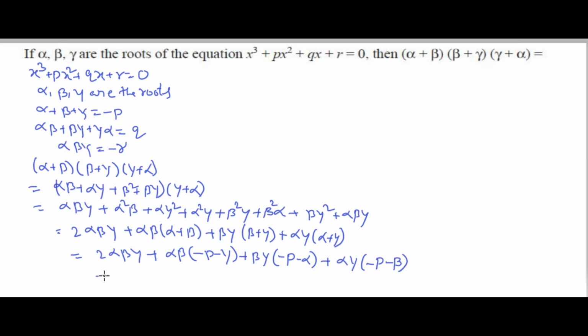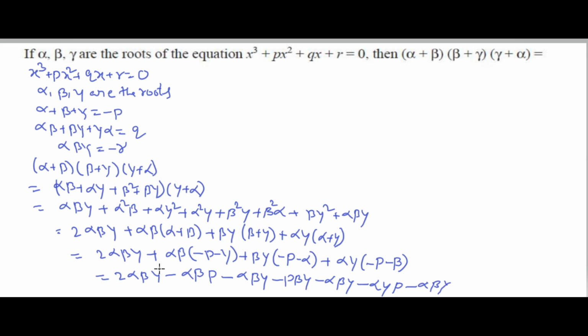That is equal to 2 alpha beta gamma plus minus alpha beta p minus alpha beta gamma minus p beta gamma minus alpha beta gamma minus alpha gamma p minus alpha beta gamma.